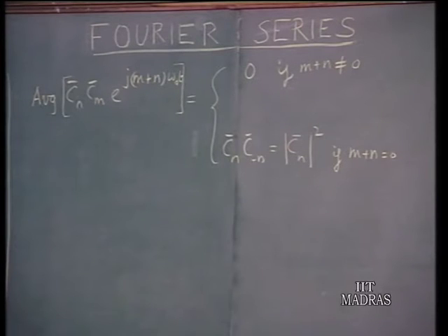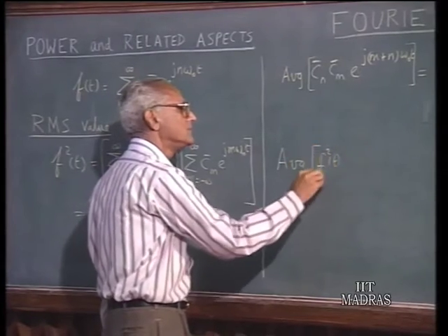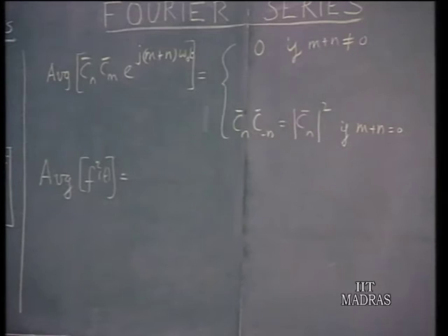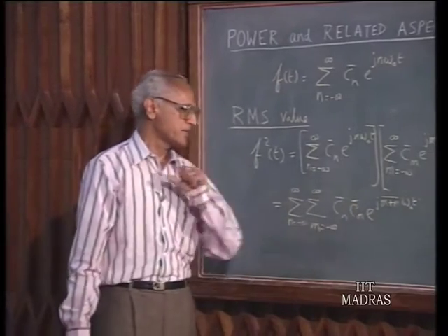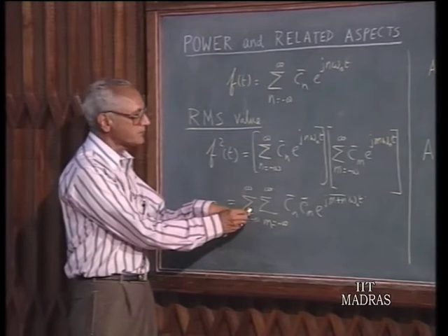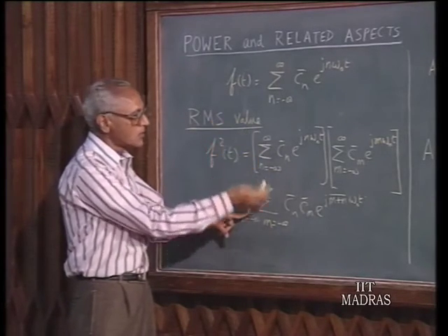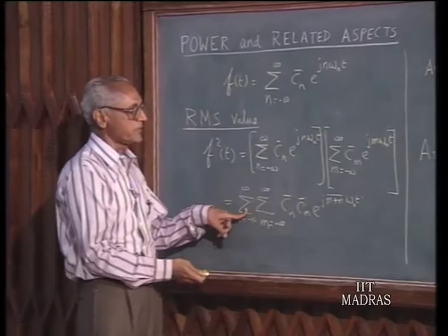So we have that the average of each one of these terms will be either 0 or an expression like the magnitude of Cn squared. Therefore, we can now come to the conclusion that the average of f square t is the sum of the averages of these terms. Now let us see what happens. If I freeze a particular value of n and allow m to take increments, so m goes on changing from minus infinity to plus infinity.